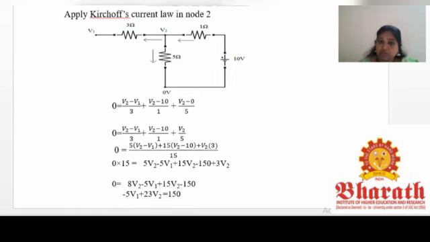As there is no current source connected with node 2, only a voltage source is present in this node, so I say the sum of entering current is 0.